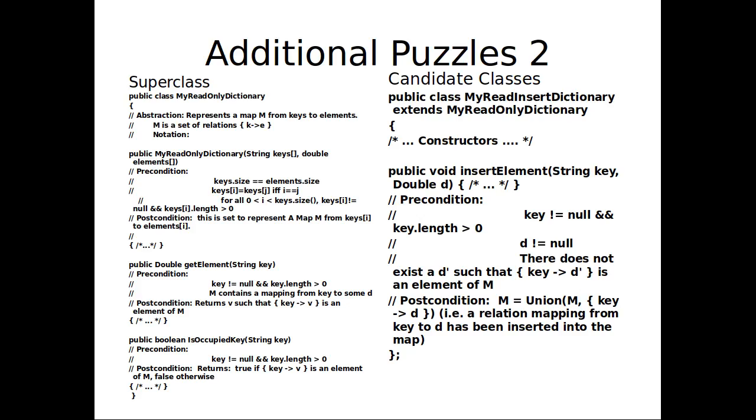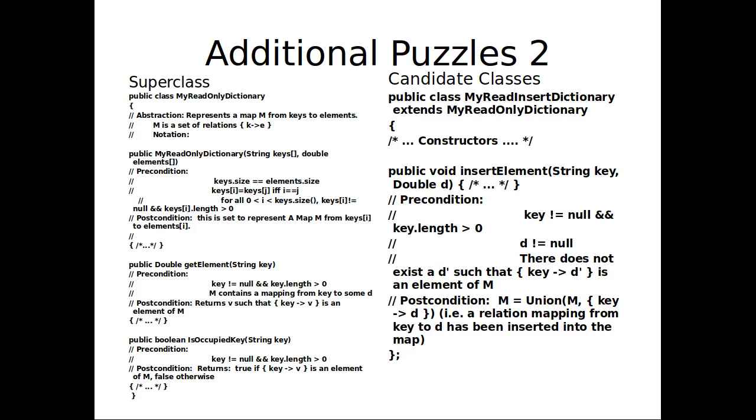And basically, there are no keys that are null, and the size of the string is greater than 0. So I'm just reading this off. Incidentally, this is a type of specification that gets closer to what a compiler might understand in another 5 or 10 years in terms of double checking things.